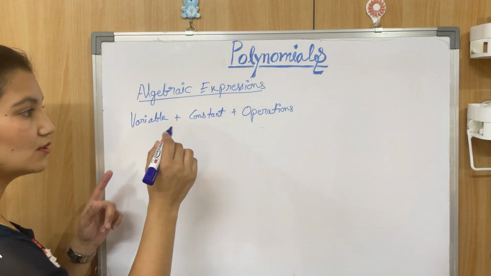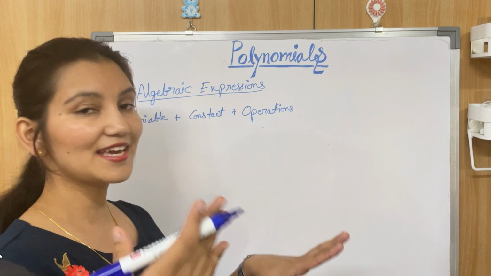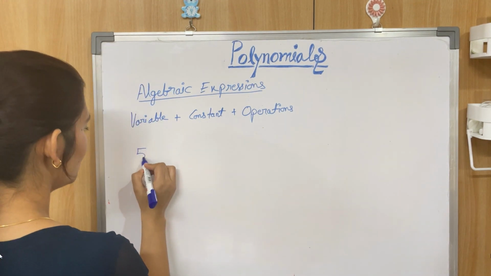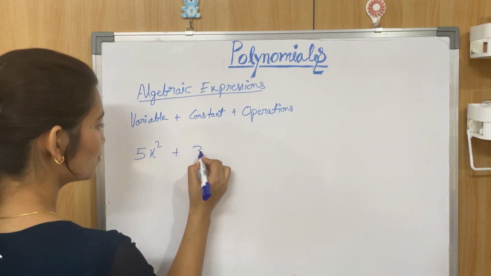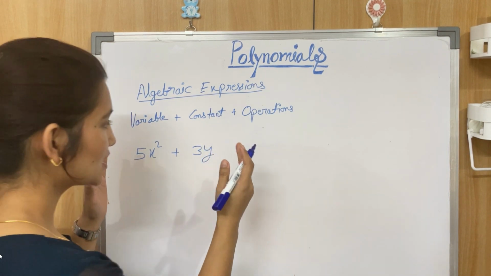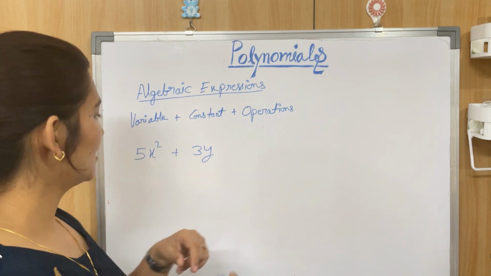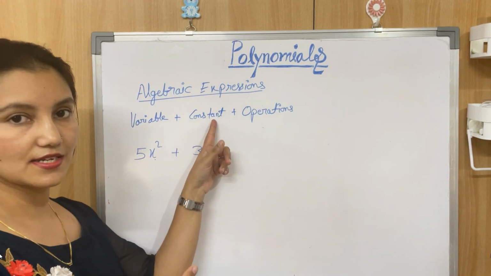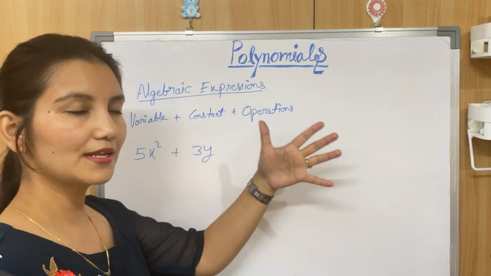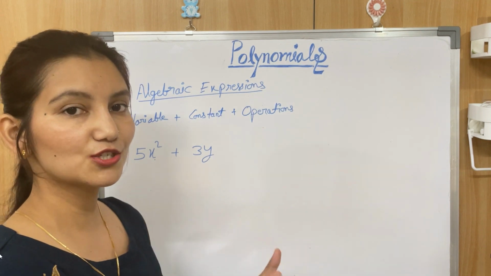Let's take an example: 5x square plus 3y. Here in this expression, you see x and y are variables, right? 5 and 3 are constants. And operations can be anything like addition, subtraction, multiplication, and division.